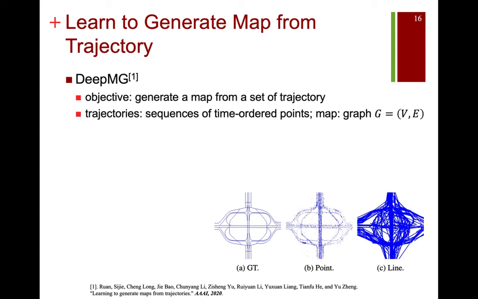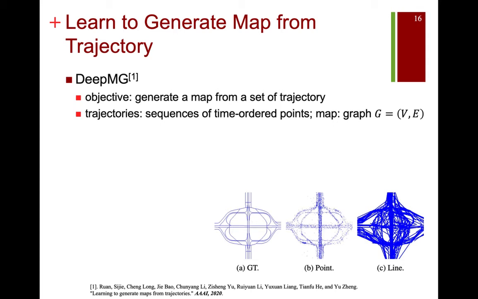They have been working on spatiotemporal data for many years and proposed many effective methods for different spatiotemporal applications. In this work, DeepMG, Deep Map Generate, they aim to generate a map from a large set of trajectories, of course by deep learning techniques.